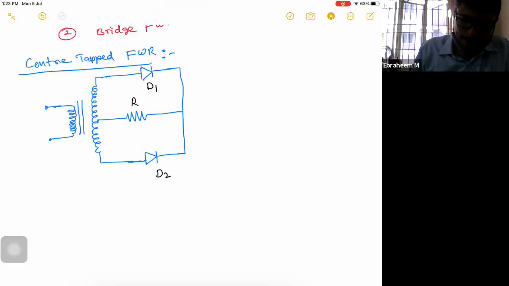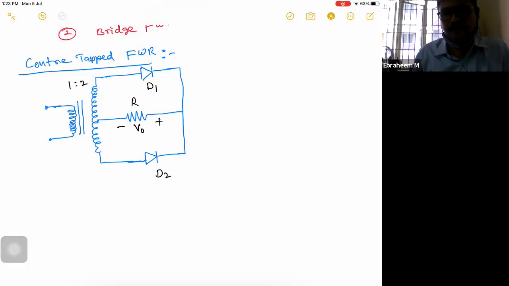So this is R. Let the transformer be 1:2 ratio.